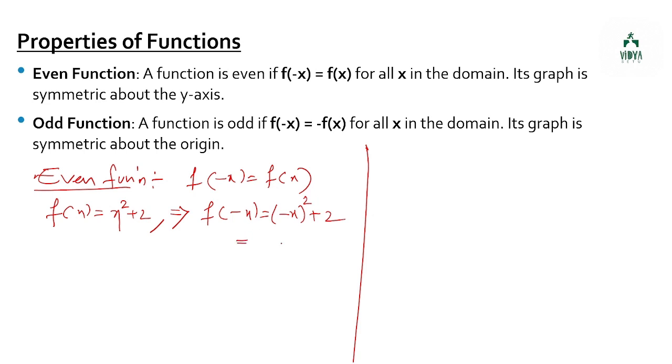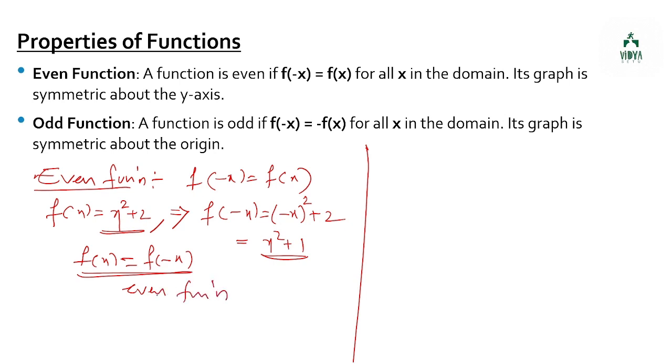What is minus x whole square? x square plus 2. Is this value and this value the same or not? That means f of x is equal to f of minus x or not. That means it is an even function or not. That's it. If you want another example, I will give all examples.